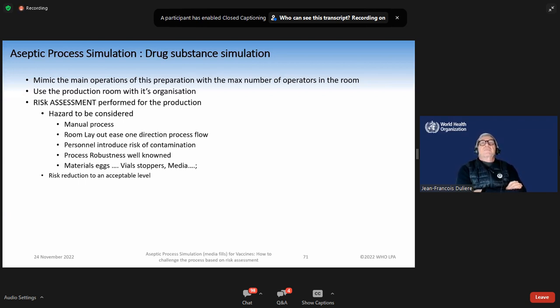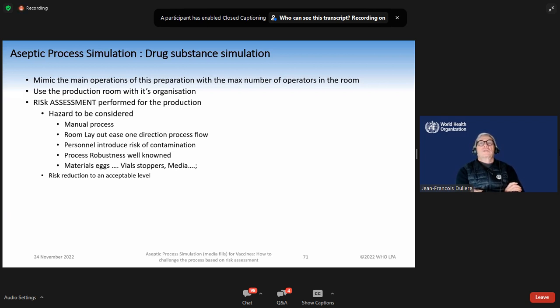So we will need to carry out a risk assessment, and we will need to consider hazards which could have an impact. We have to consider that this is a manual process. We will need to assess that we have a room layout with a one-direction process flow.